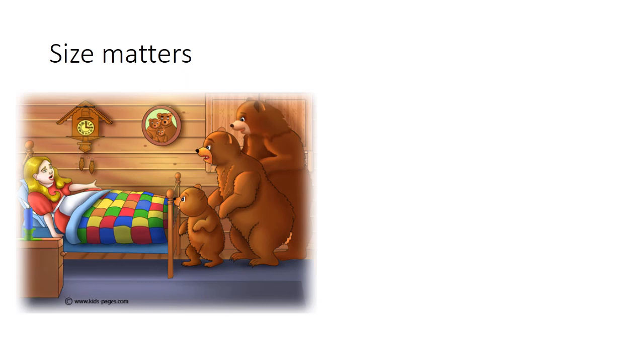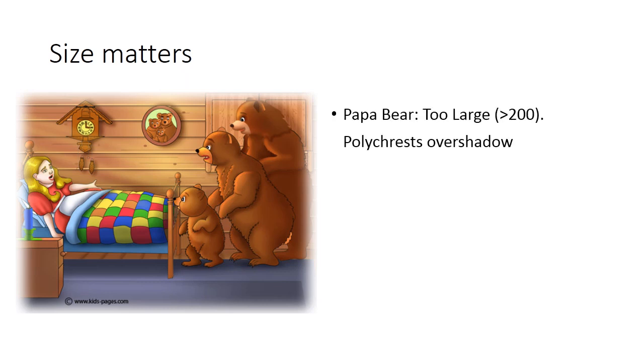Dr. Will Taylor advises, and he uses the metaphor of Goldilocks and the 3 bears, that there are some rubrics which are too big, and he calls them the Papa Bear sized rubrics. His definition is less than 200. In fact, his definition is around 160 to 170. I would not mind if we could stretch it to 200, but ideally it should be less than 200. Otherwise, the polycrests are going to dominate your analysis.